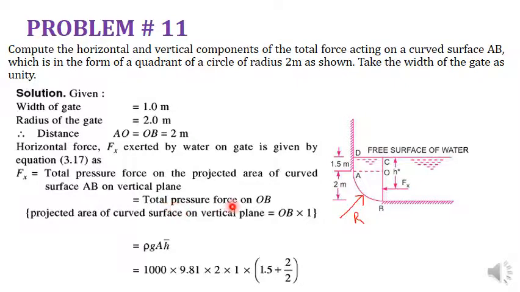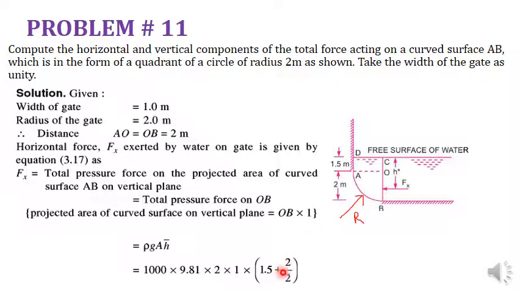Fx acts on the projected area of AB on the plane BC, which is equal to OB. So the total pressure force on OB, normal to OB, is rho g A h bar. Considering it as a vertical submerged plane, you can input the values: 1000, 9.81, area is 2 into 1, since the width is unity.